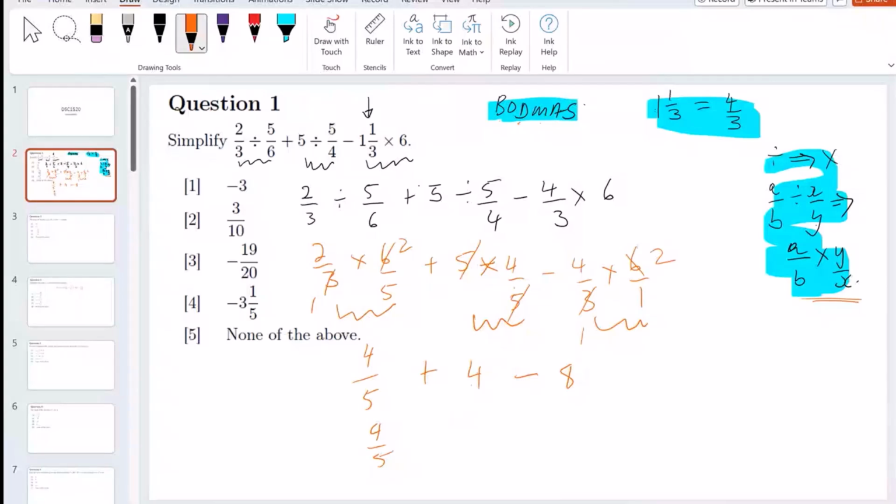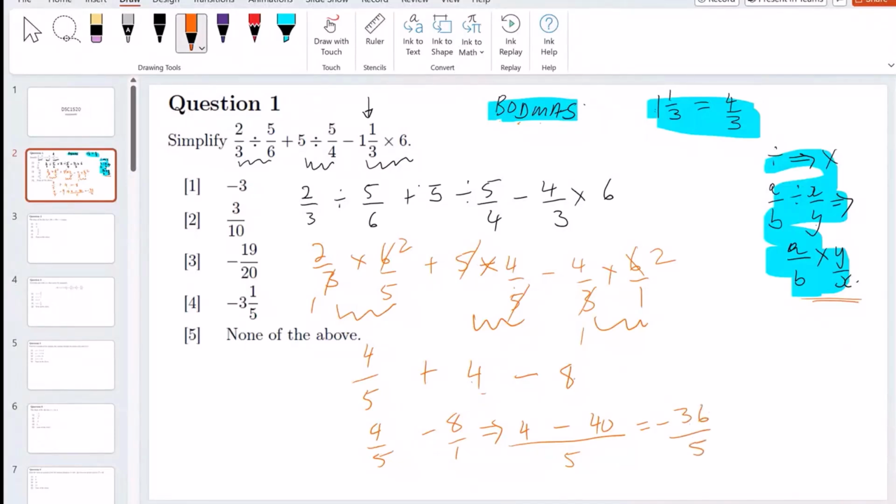Now I can see a fraction, which means I can find the lowest common multiple, which is 5. 5 to 5 is 1, so multiply by 4 is this. 5 multiplied by 8 is 40. So this is going to be equal to negative 36 over 5.